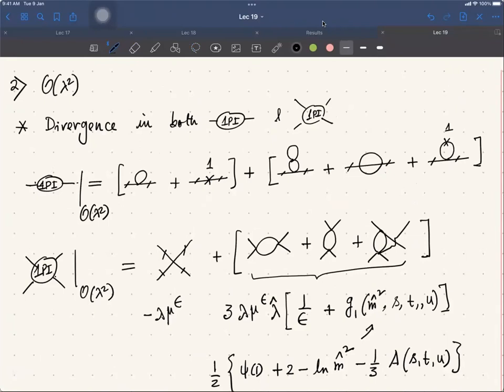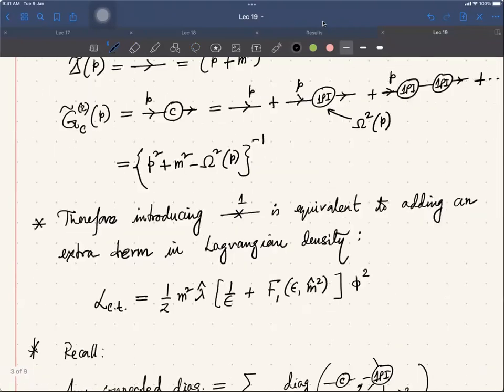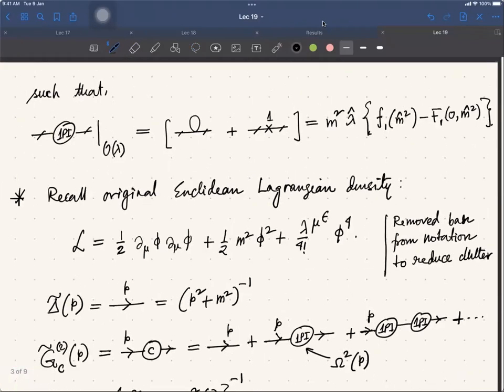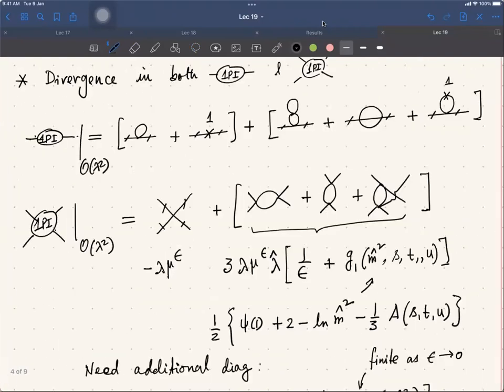So as a result, we had earlier shown the expression for the 2-point function. Let me call this finite, the finite part after adding the counter term diagram.